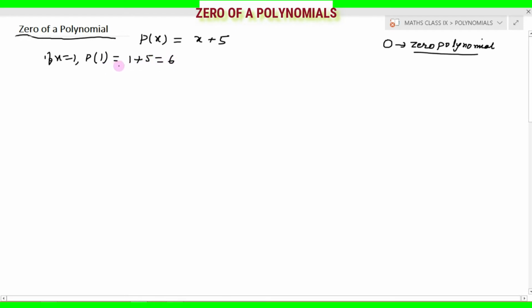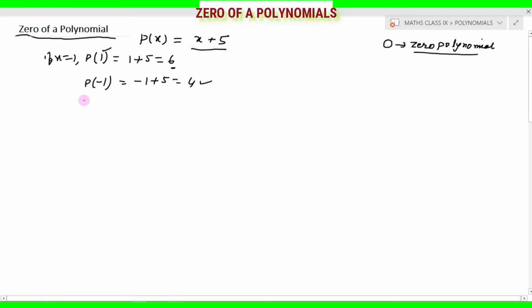We studied earlier that this 6 is called the value of the polynomial x plus 5 at the point 1. If we put x equal to minus 1, the polynomial's value becomes minus 1 plus 5 equal to 4. This 4 is the value of the polynomial at the point minus 1.